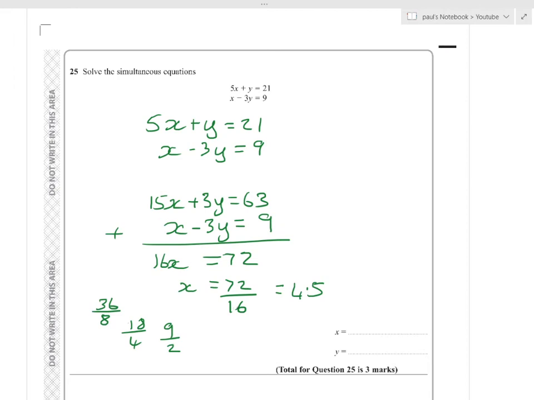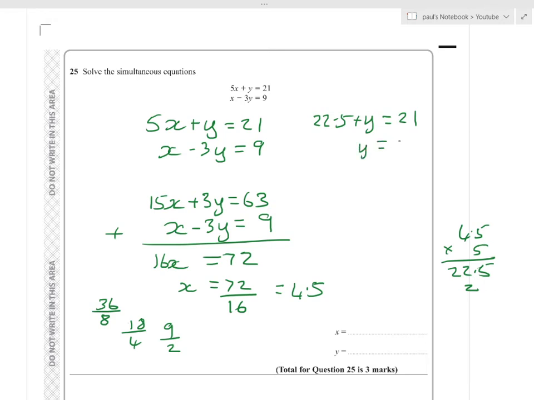So now I've got x is 4.5. Let's put that in there. So 5 times 4.5. 4.5 times 5. 5 fives, well, this is hard. 4 fives are 20, so I've got 22.5 plus y equals 21.